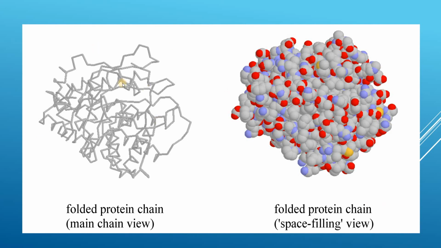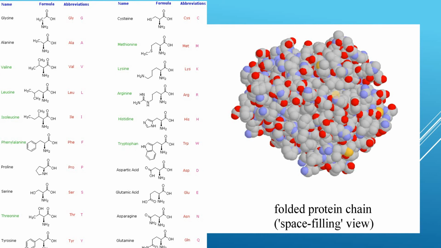Remember the chains I showed you, like here's the linear pattern on the left, but on the right they would make something like this, and that would just be fun to draw on the board, right? But this is kind of what it would look like. A protein is just a blob or a globular cluster of atoms and molecules together. On the left here I have all of the 20 amino acids that exist, and it is these amino acids that would make the protein here on the right, and it would be a mixture of different ones.